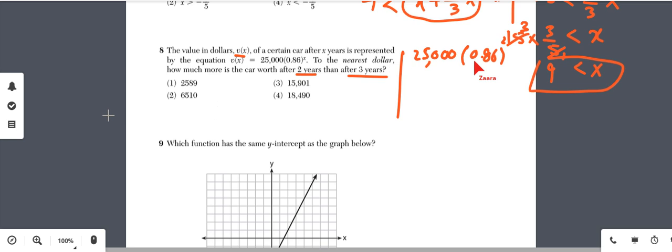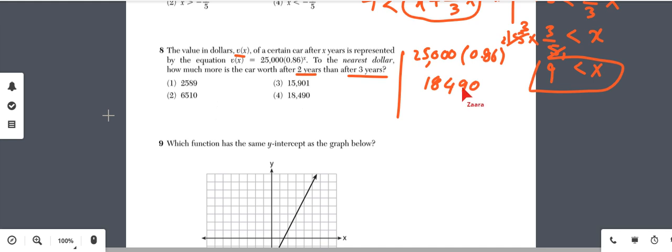25,000 times 0.86 raised to the power of 2, right? So when I calculated, the answer is 18,490.